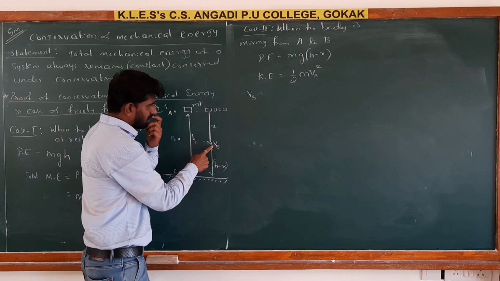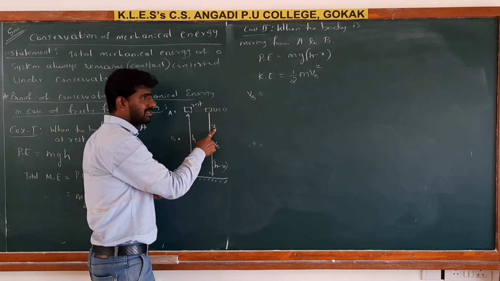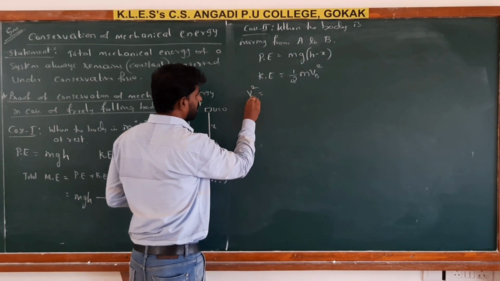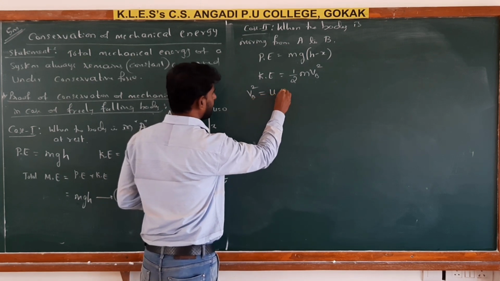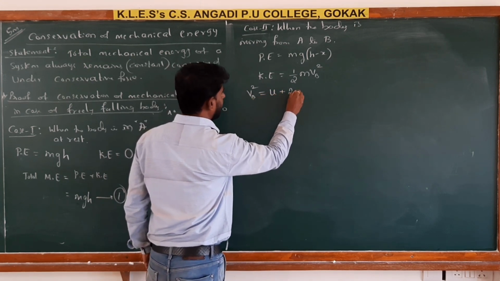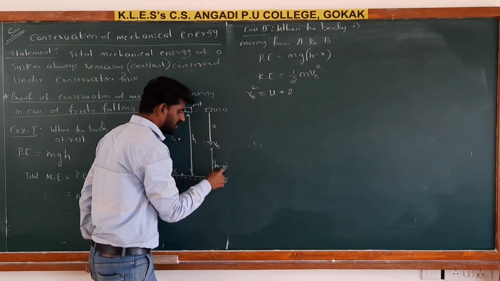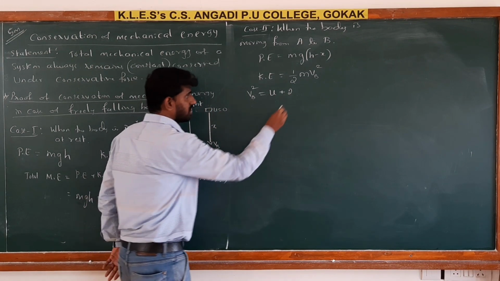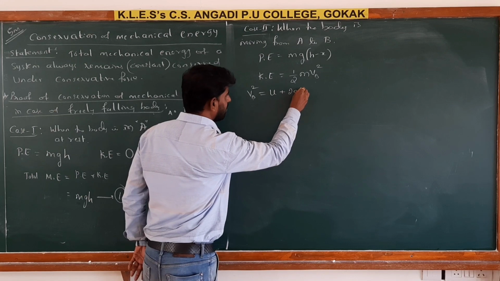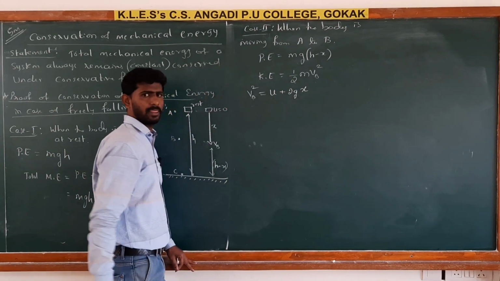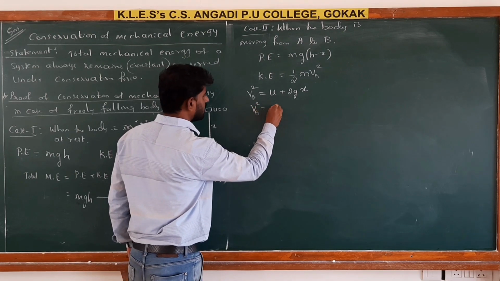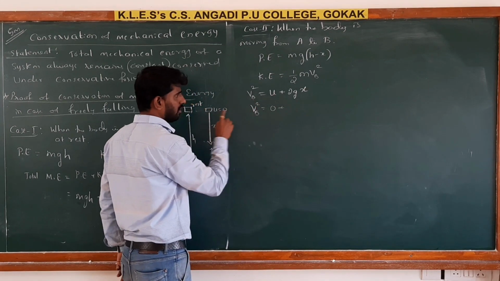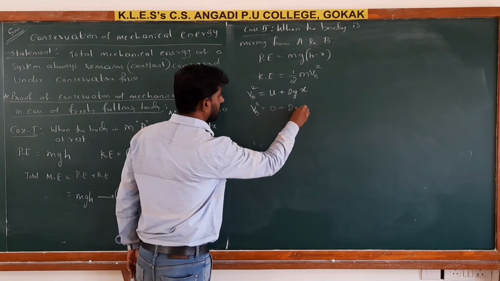This is final velocity, this is initial velocity, and the traveling distance is x. So you can write Vb square, velocity at B square, is equal to initial velocity square plus 2 into a. Which acceleration acts here? The acceleration is acceleration due to gravity, and the distance traveled is x. So Vb square is equal to 0, since initial velocity is 0, plus 2 into g into x.